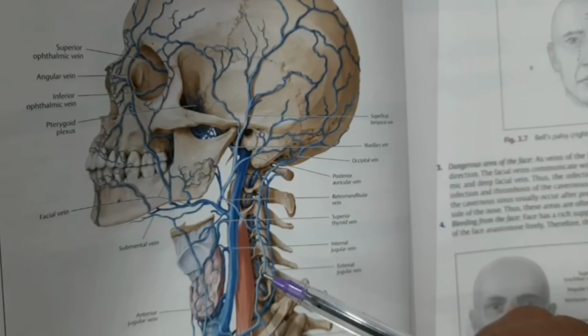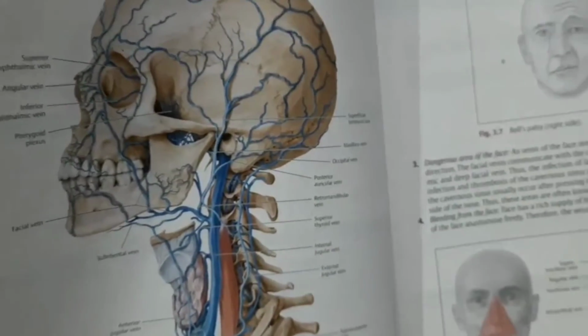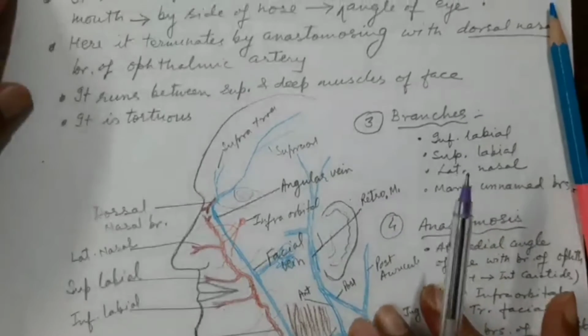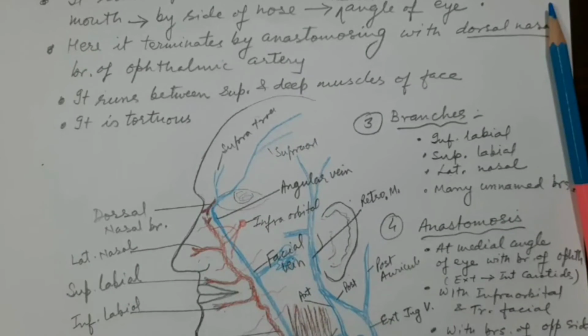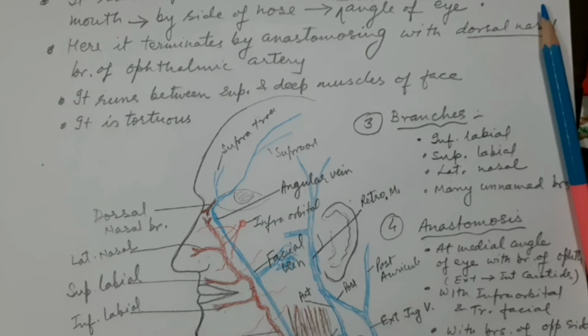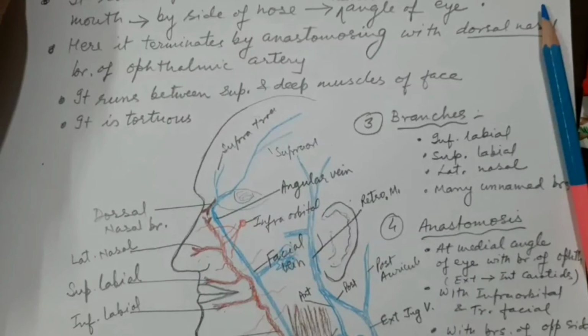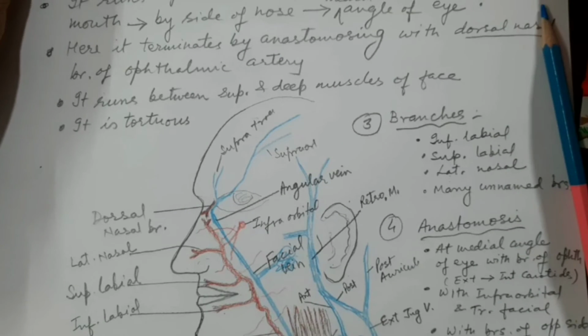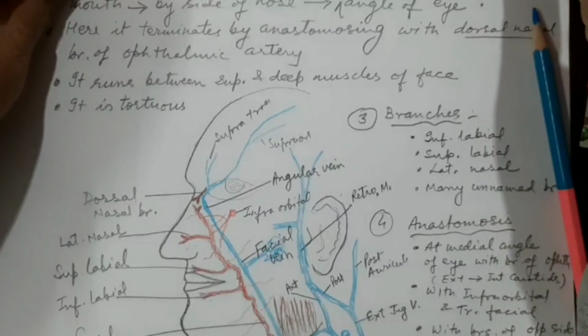So this is how the communication of the facial vein is there. The communication is with the cavernous sinus, that means through the deep facial vein and through the superior ophthalmic and inferior ophthalmic veins. Ultimately the communication is with the cavernous sinus.